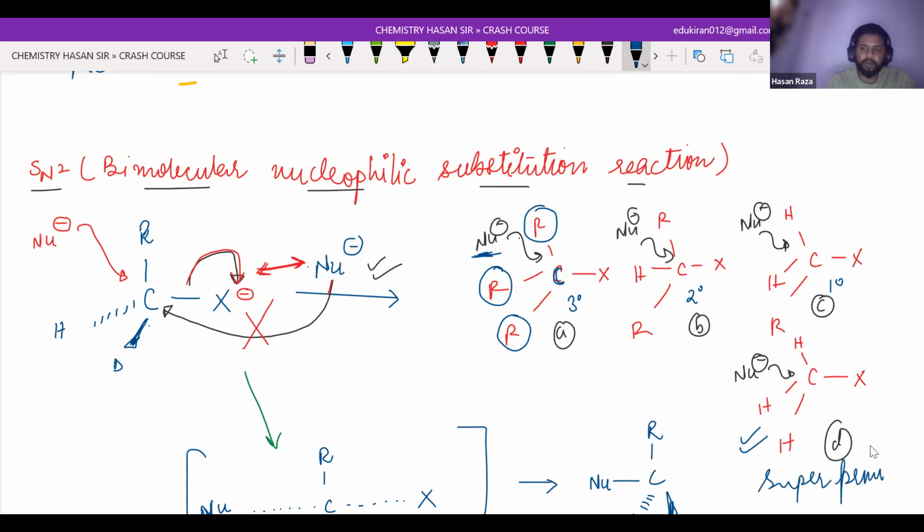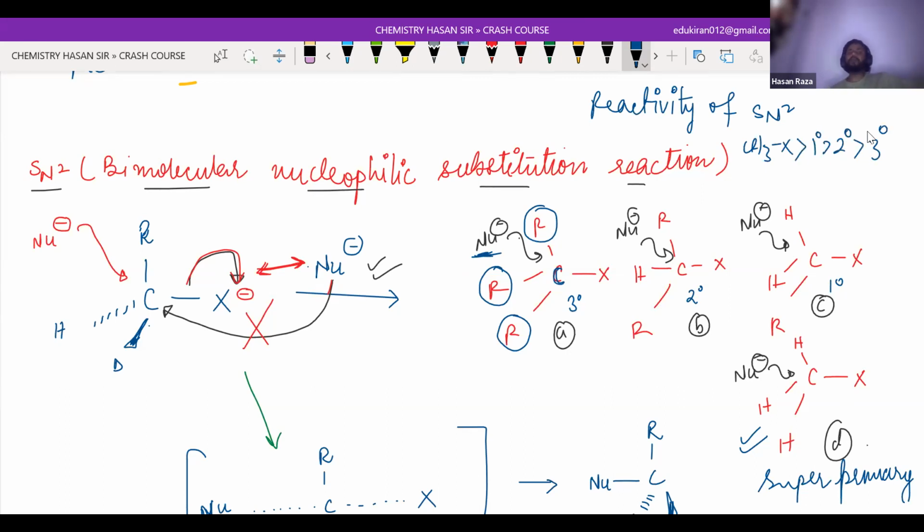That means if you are going to do the reactivity of SN2, then it is CH3X, that is super primary, then 1-degree, then 2-degree, then 3-degree. The leaving group order is as it was before, but for 1-degree, 2-degree, 3-degree, this will be the order of reactivity towards SN2. Is that clear? Can I change the slide?